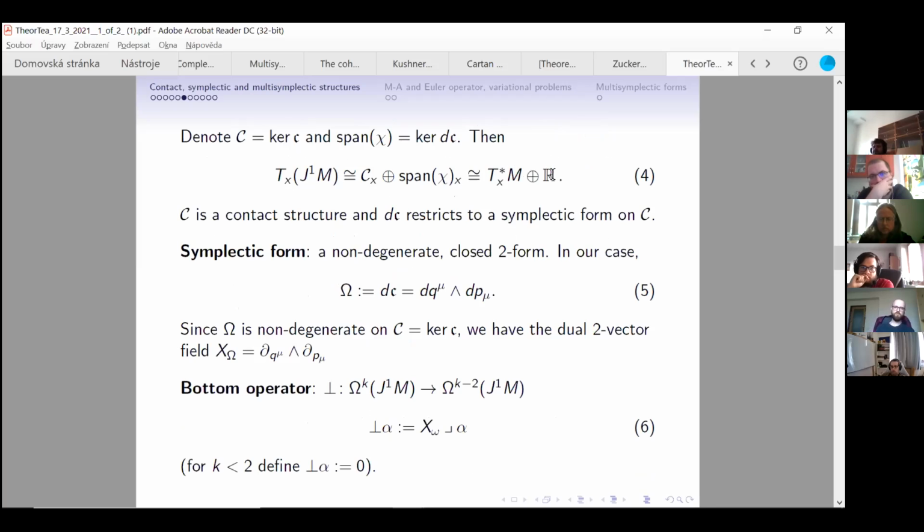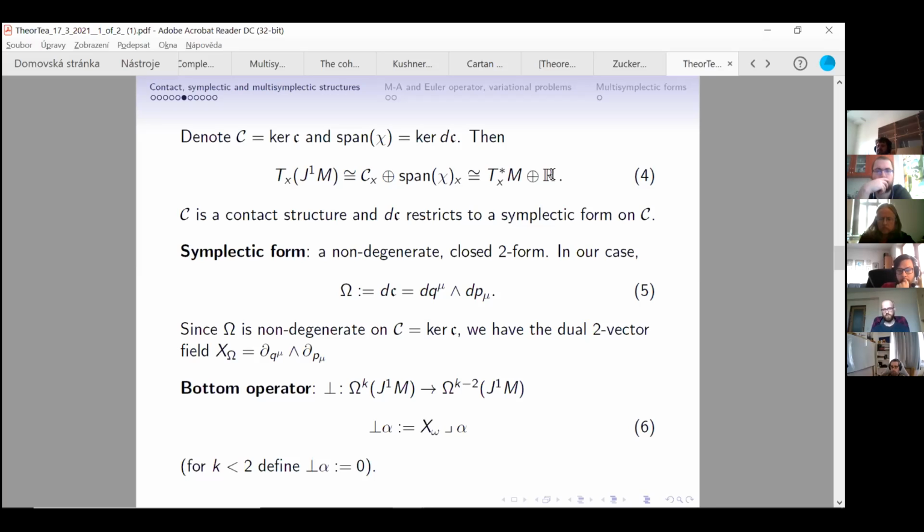And this is also an important observation, because this splitting in fact gives us the possibility to work in the symplectic setup, because DC, the exterior derivative of the contact form, restricts to a symplectic form on C. And so if you notice the coordinate expression, this is a quite standard symplectic form, right, locally. And it is non-degenerate only on C.